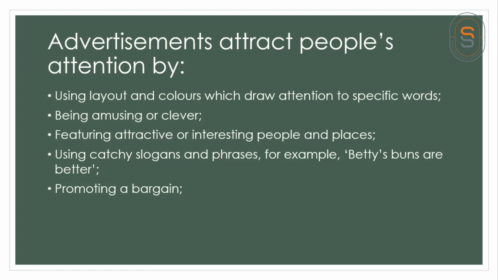And then promoting a bargain, which, specifically in South Africa, works like a charm: buy one, get one free, or for today only, or limited stock available, or buy three and only pay for two. So that is how the advertisement attracts people's attention.